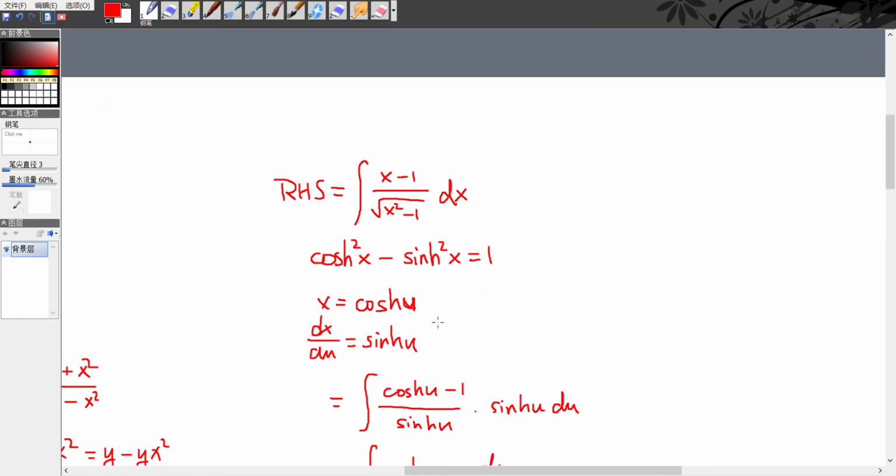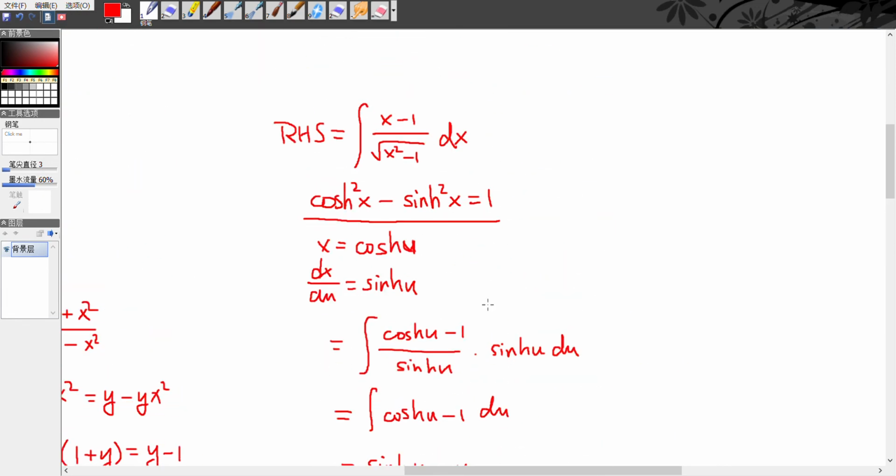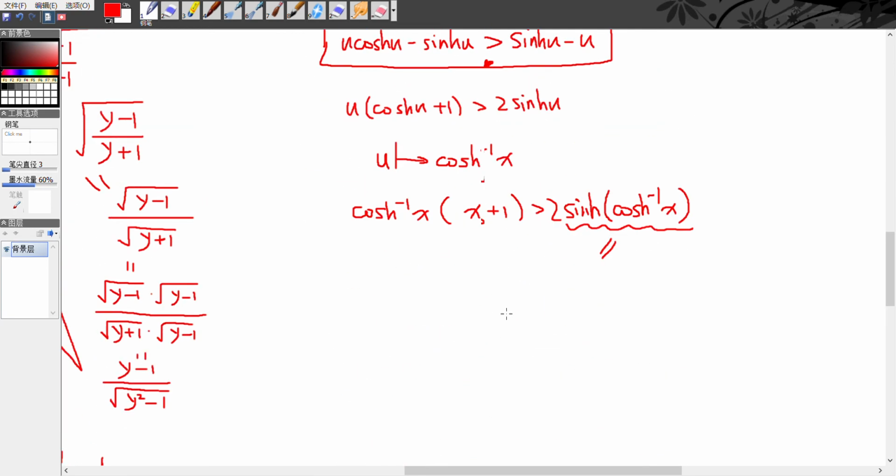And this term is actually equal to, from the hyperbolic identity here, we can easily convert this into the square root of arc cos x, this has a square right here, minus 1, which is equal to the square root of x squared minus 1.